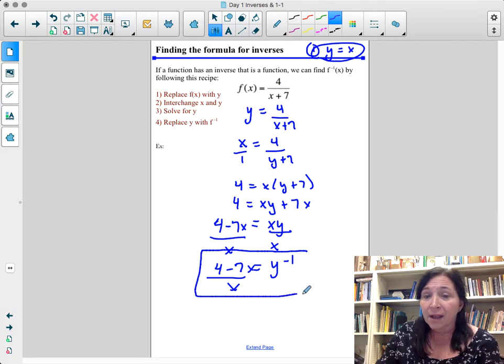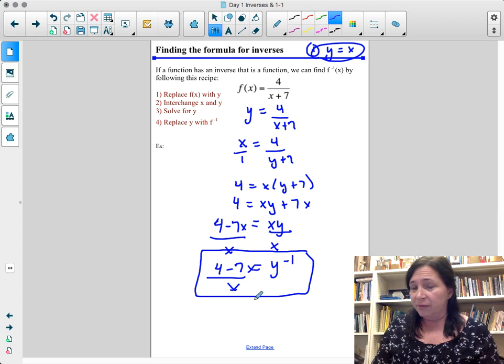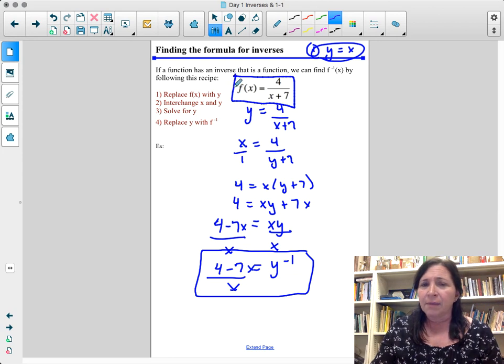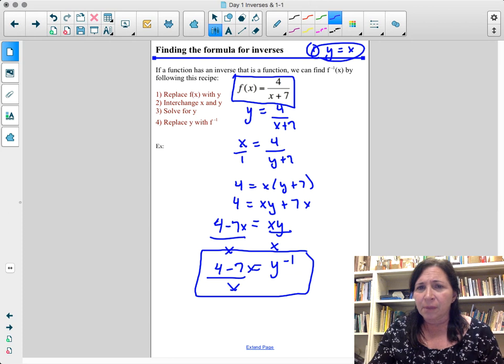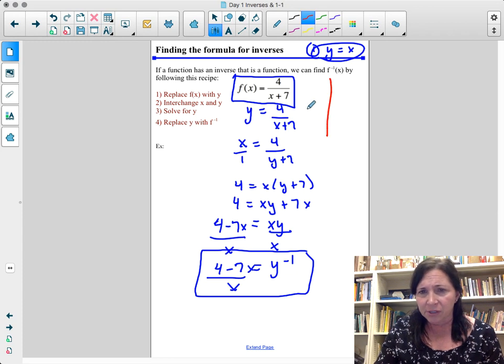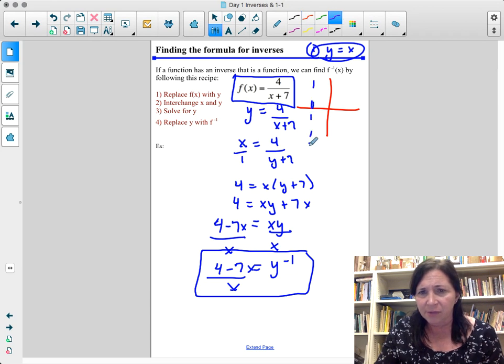Now, there are actually some pretty cool things to learn about inverses. And number one, from the original equation, which is right here, and then we switched our x and y and solved for y. Something to remember is that if I were to graph this function, I would have an asymptote at negative 7. So here's negative 7, let's say. Here's my asymptote.